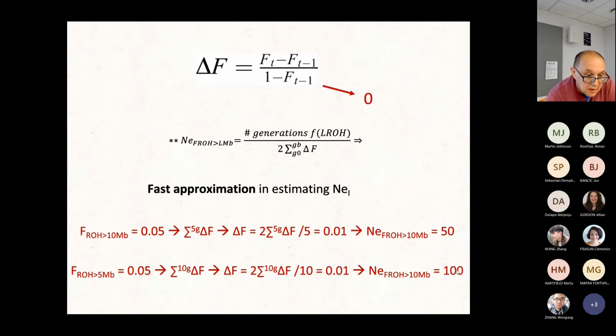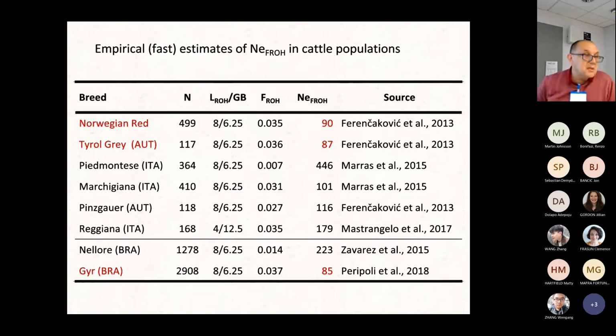And how is this working in real populations? If I was looking over the literature, we got quite understandable or logical estimates. Why do I think logical?